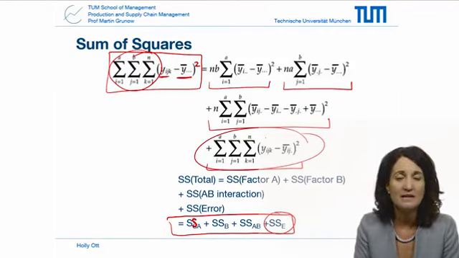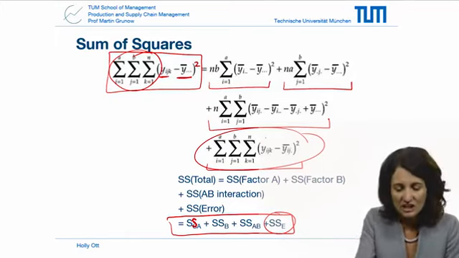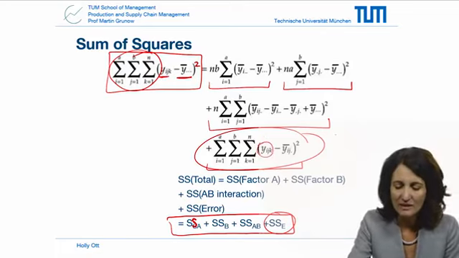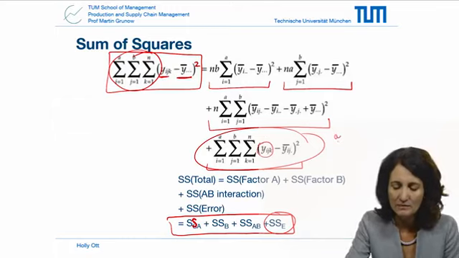We have A times B, so this is looking then at each single cell value. We have A levels of factor A and B levels of factor B. This gives us our matrix, so A times B gives us our matrix, and then we have K replicates in each cell.